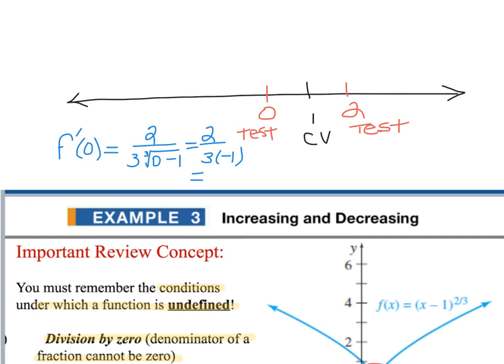And we see that the cube root of 0 minus 1 is the cube root of negative 1, and 3 times negative 1 is negative and gives us the value negative 2/3. So our derivative is negative, which means our function is decreasing.